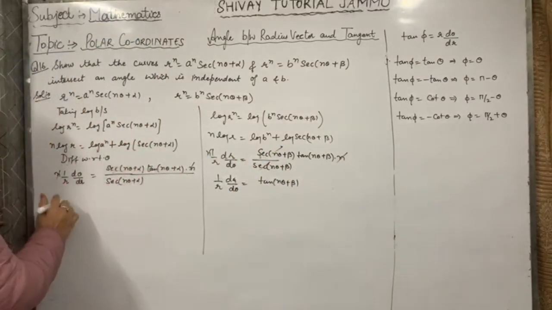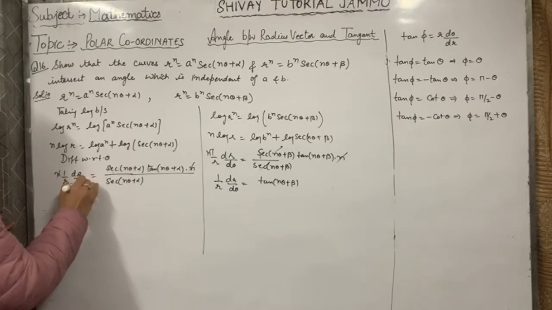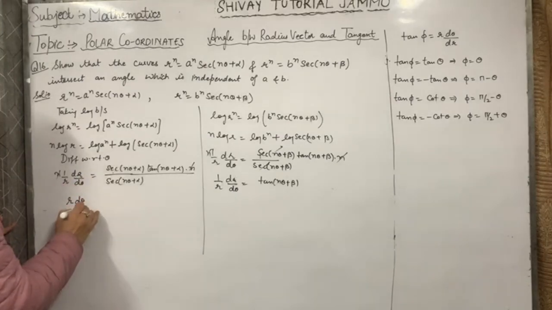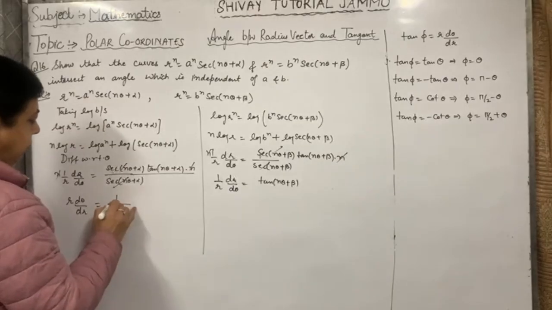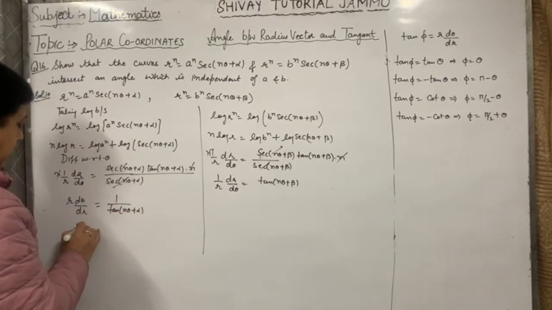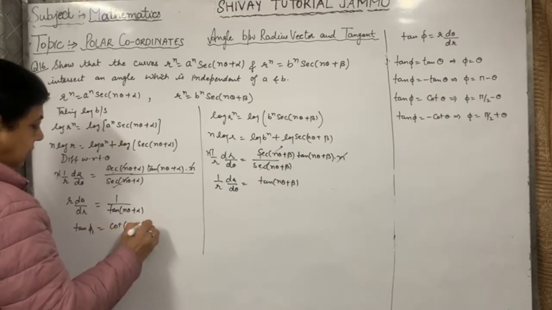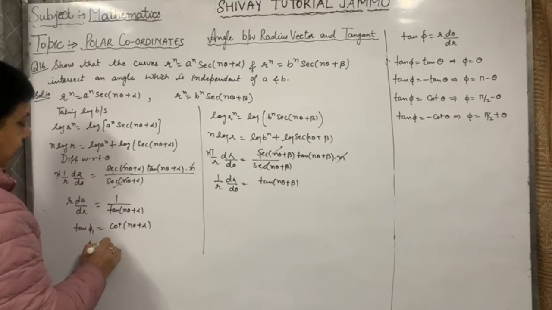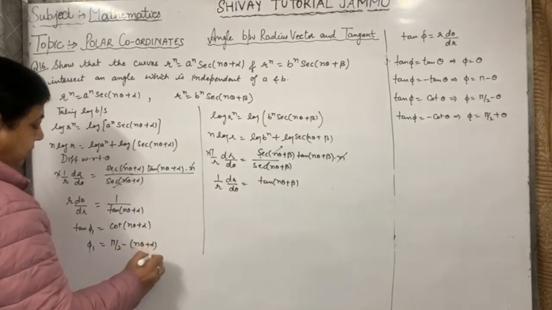We will get 1 by r dr by d theta is tan n theta plus beta, and n cancels, sec cancels. In this we take the reciprocal of the terms: r d theta by dr is 1 by tan n theta plus alpha. Tan phi 1 is cot n theta plus alpha, then phi 1 will be pi by 2 minus n theta plus alpha.